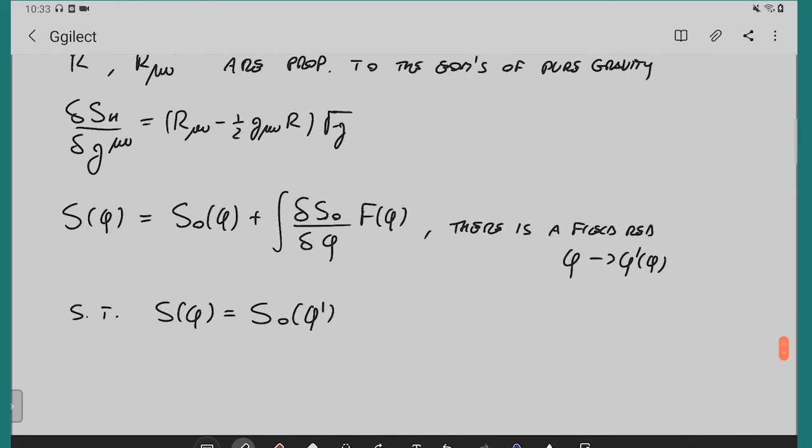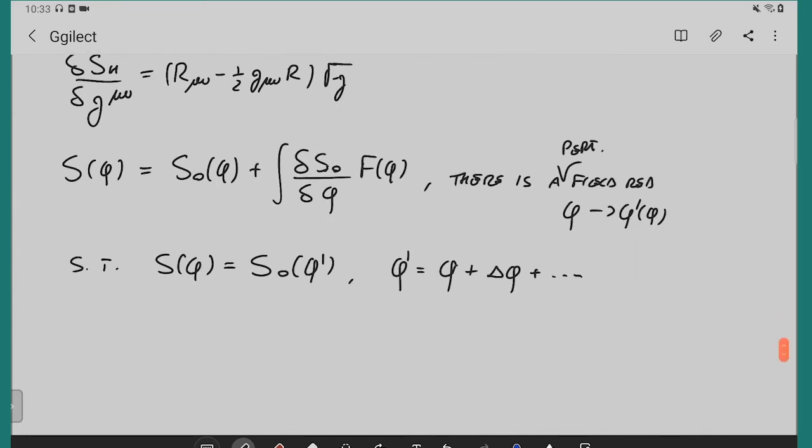This you can simply see by making a Taylor expansion, because we said that this is a perturbative field redefinition. So if you have phi prime, it is phi plus some delta phi, plus higher order. You just do the expansion to check this. So S0 of phi prime is S0 of phi plus delta phi.